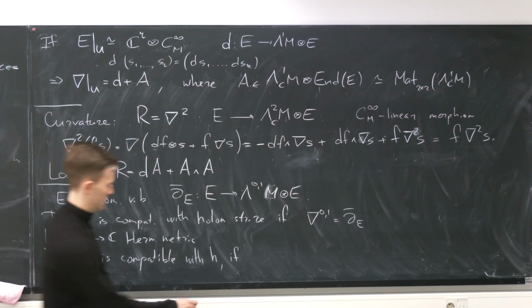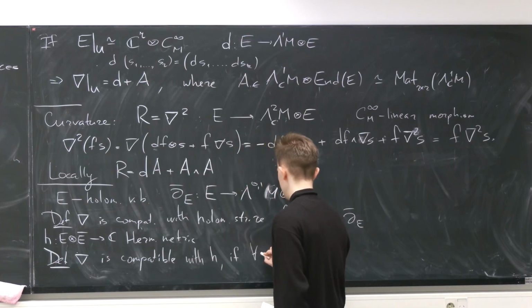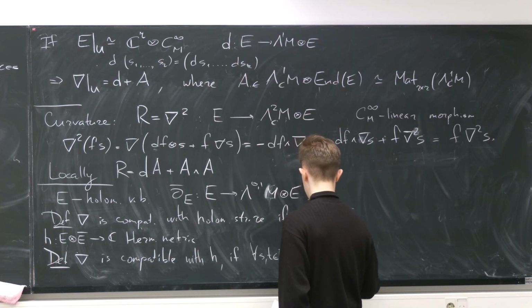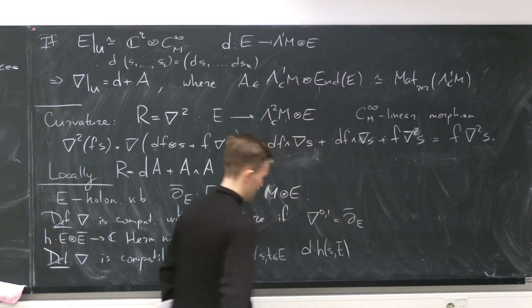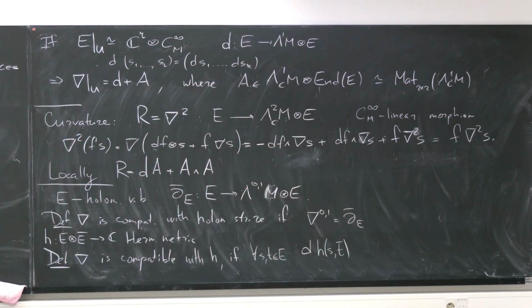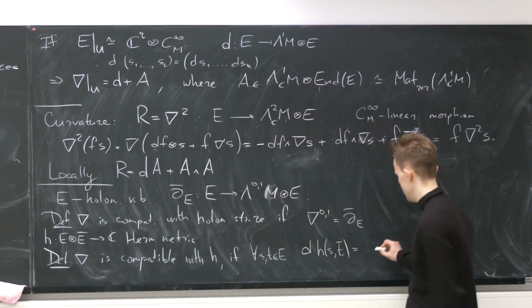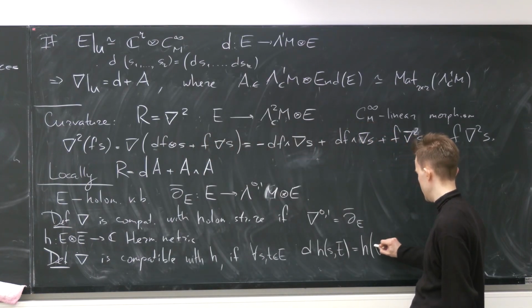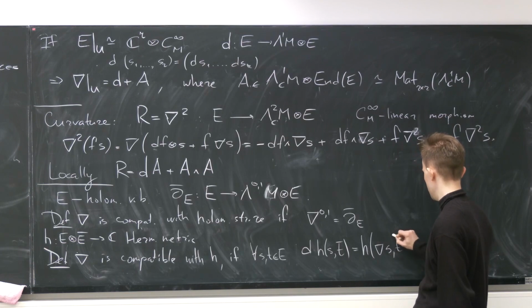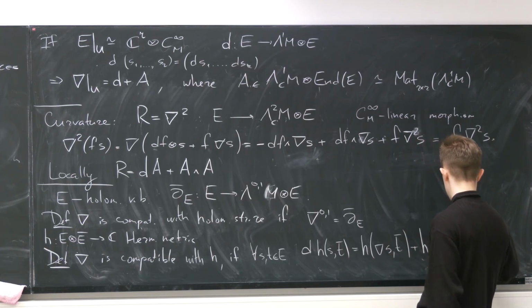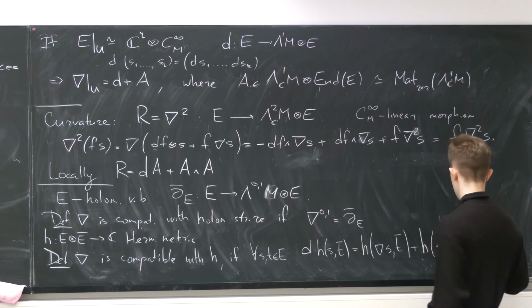Let's take two sections of E, S and T, for example, and compute the differential of their product with respect to H. Then my condition is that this is the same as H of nabla S, comma T bar plus H of S, comma nabla T bar.